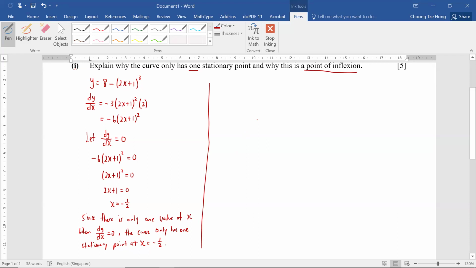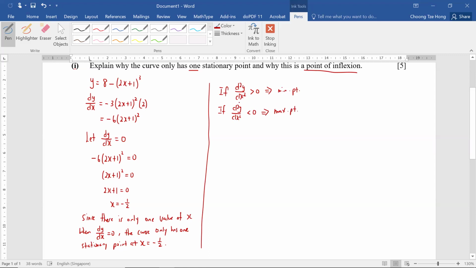This is not part of the working for this question. If d2y over dx squared is greater than 0, then the point is a minimum point, if you recall. But if d2y/dx squared is less than 0, then the point is a maximum point.